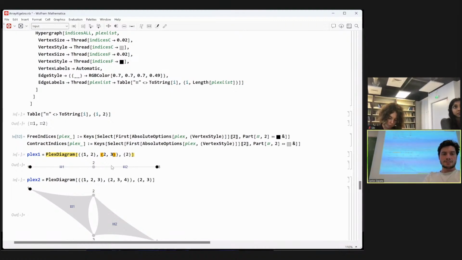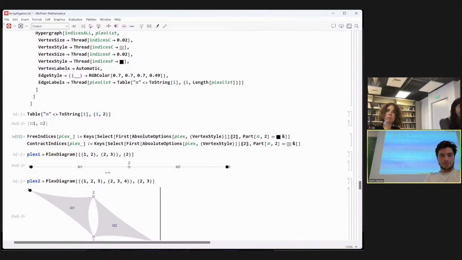This diagram represents conventional matrix multiplication: a matrix with indices 1 and 2, a matrix with indices 2 and 3, and then you specify that you contract index 2. Index 1 and index 3, in black, are free indices, and anything gray in the middle collapses and forms a single edge at the end.